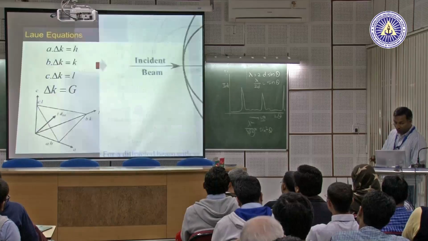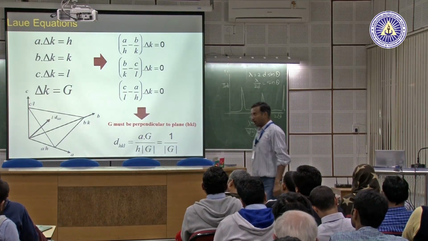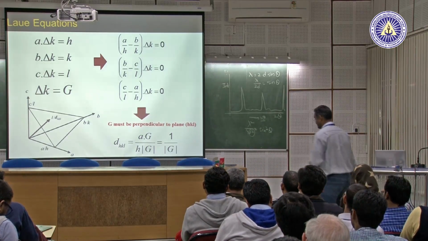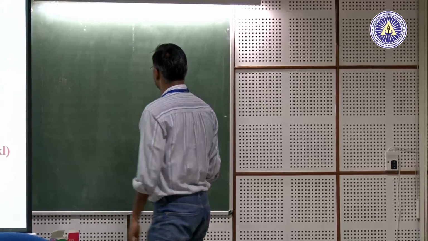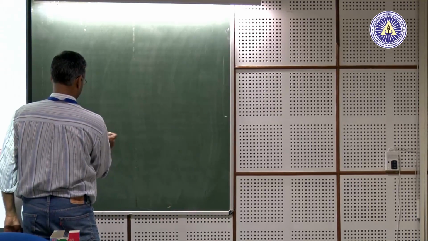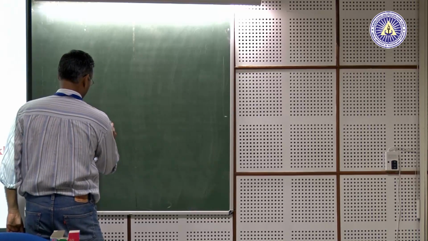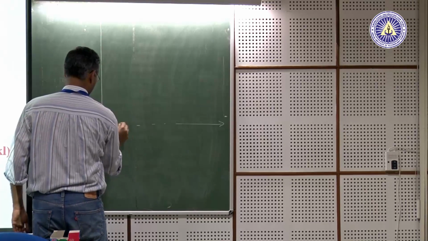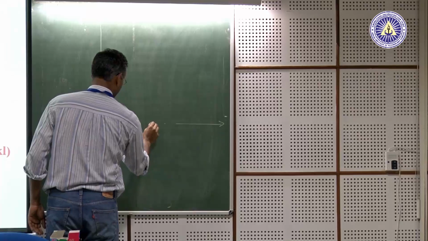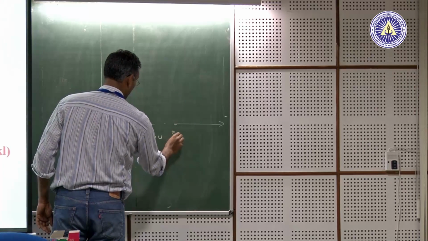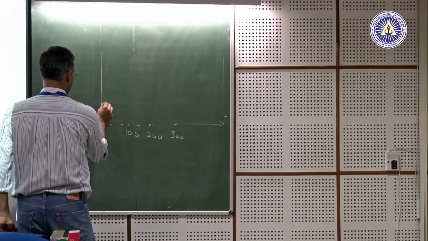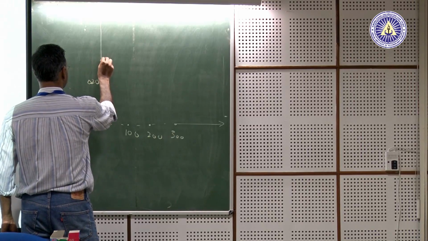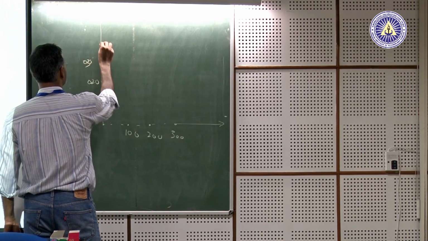Now what you can do is construct a reciprocal lattice, let us say we do that in 2D first. So, you constructed this reciprocal lattice. Let us say if this is the direction, so this is 100 point, this is 200 point, this is 300 point, and let us say this is 010, this is 020, this is 030, and so on and so forth.